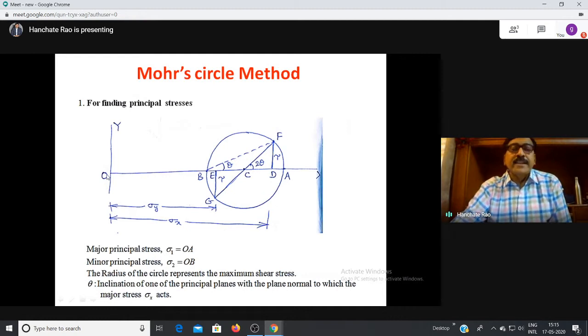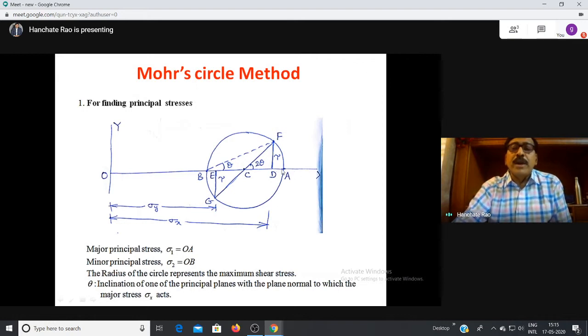Now on the x-axis, measure sigma y to the scale. Say sigma y is 20 newtons per mm square. As per the scale, OE is equal to 2 centimeters. So from O, measure 2 centimeters on the x-axis and you get point E. Now we have point D and point E. Points A and B are not known to us still.